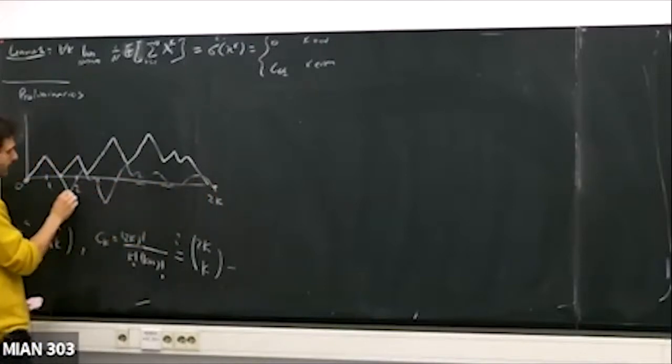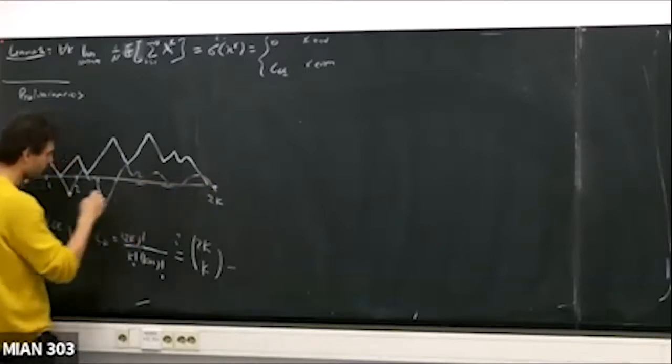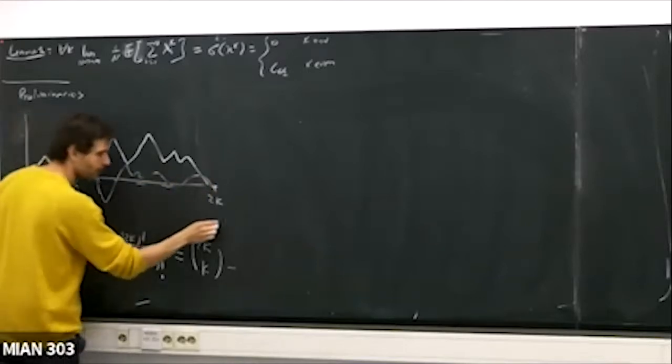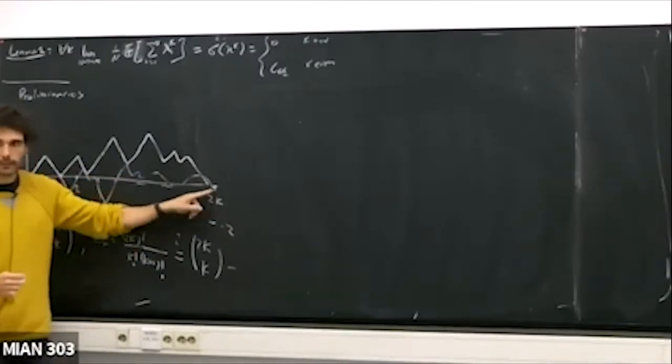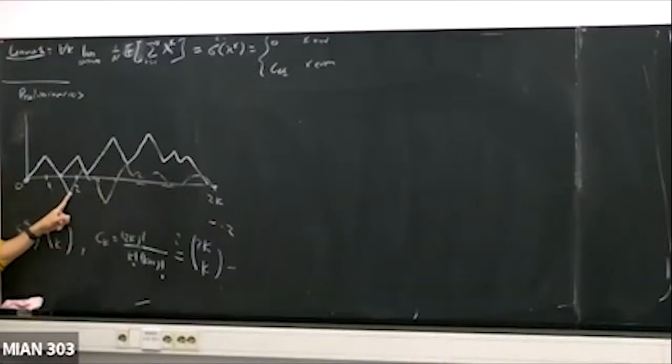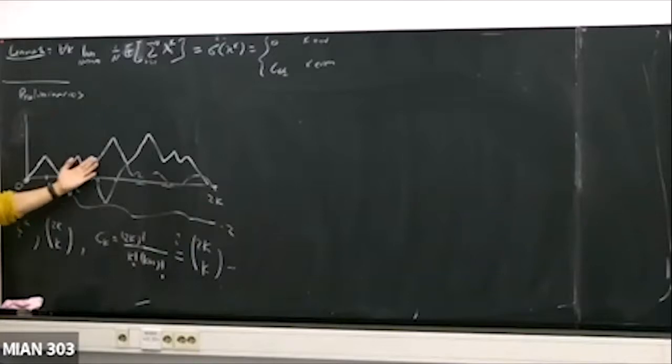Well, there are as many paths that go from -1 to 0 as there are that go from -1 to -2. So for each such path that finishes in 0 and touches -1, I can draw one and only one path that starts here and finishes in -2, just by reflection.